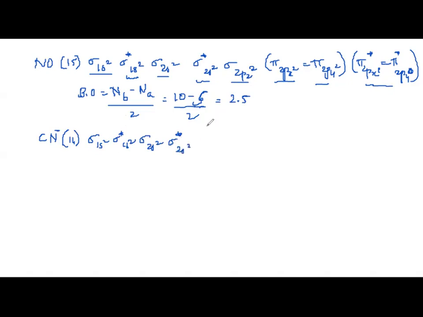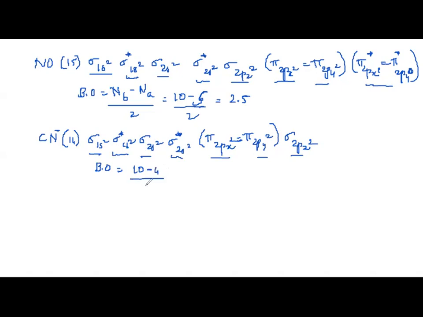Then pi comes first because it is carbon and nitrogen: pi 2px2 equal to pi 2py2, 4 electrons. Then comes sigma 2pz2. Let us count, 14 should be there: 2, 4, 6, 8, 10, 12, 14. Bond order: bonding electrons 2, 4, 6, 8, 10, minus anti-bonding 2 and 4. So 10 minus 4, by 2. How much? 6 by 2 is 3.